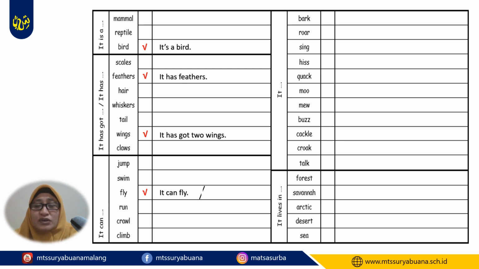But what kind of birds? Let's see. Oh yeah, it flies. We can say it without can here, right? Now, talk. A bird that can talk. You can guess. We can say it can talk or it talks.